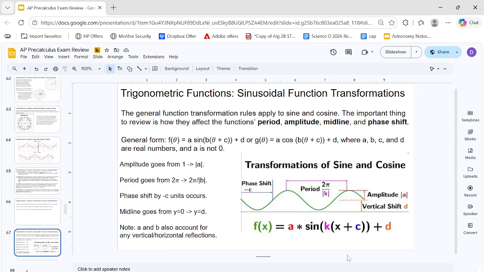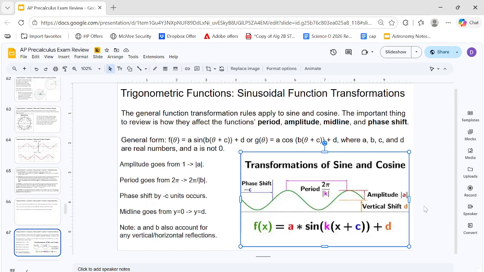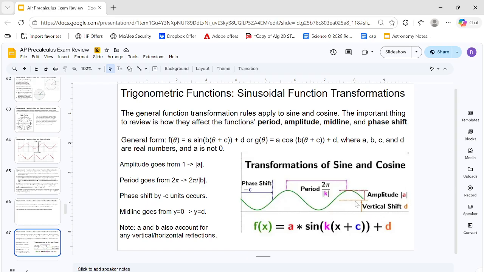Note, if you have it of this form and you're trying to graph it using transformations, the c value is going to be your horizontal shift. The k value is going to change your period, but it's your horizontal dilation.